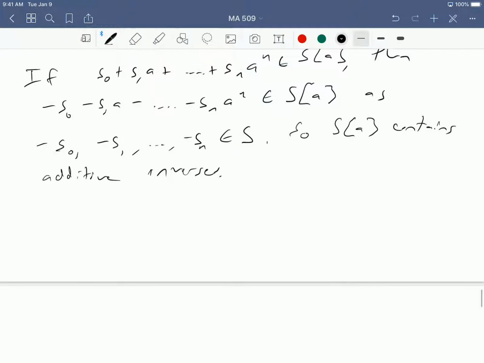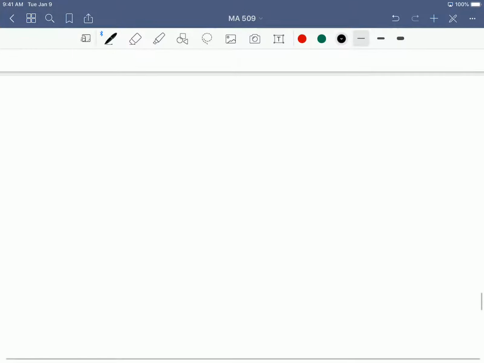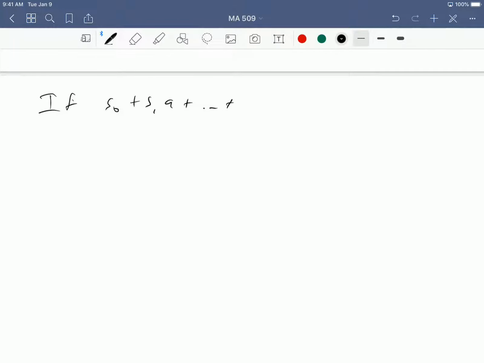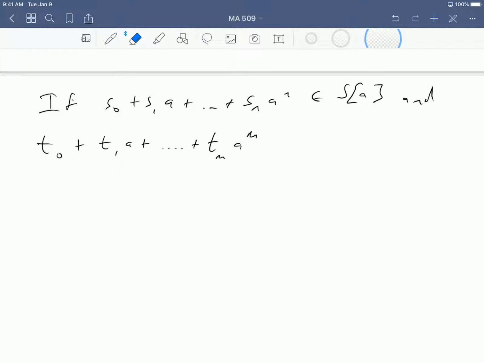Okay, next, closed under addition and closed under multiplication. So we're going to use that same S0 plus S1A all the way up to Sn a to the n is in S adjoin A. And let's make a new polynomial expression, T0 plus T1A, dot dot dot, up to Tm a to the m, that is also in S adjoin A. And now I'm going to put one stipulation on this.